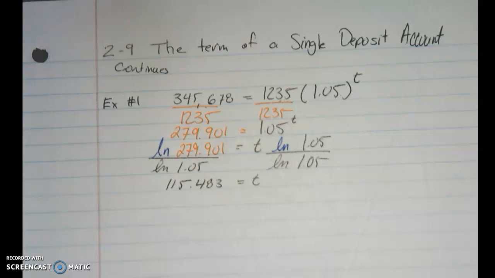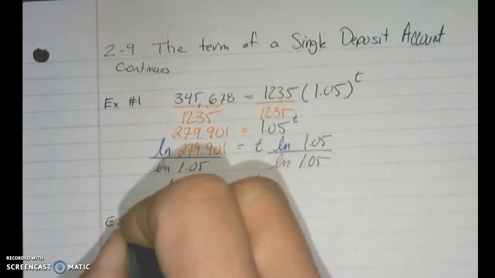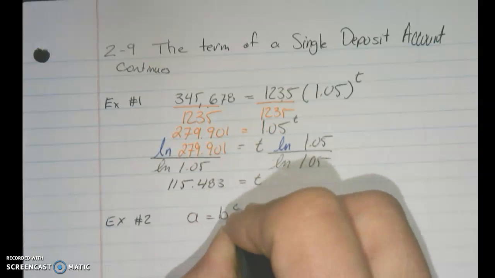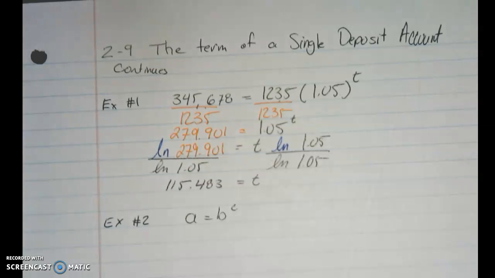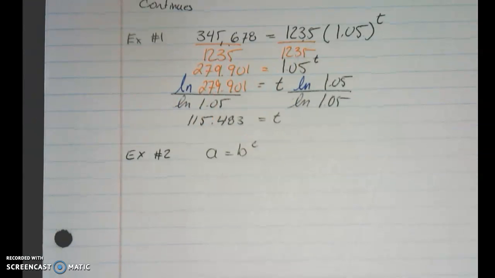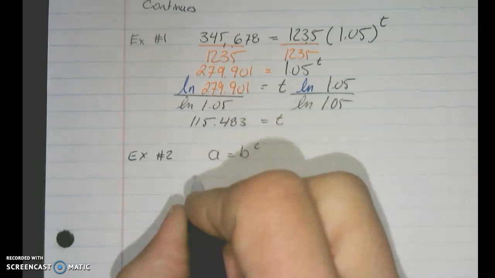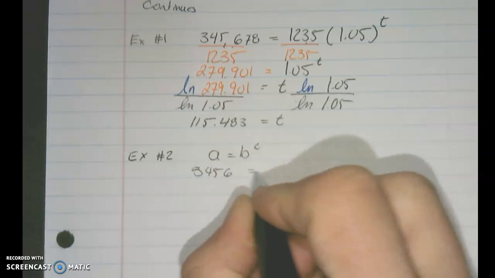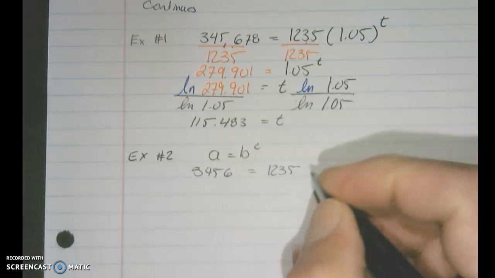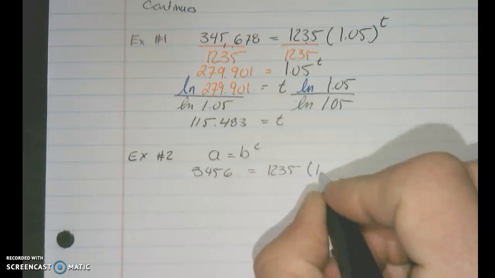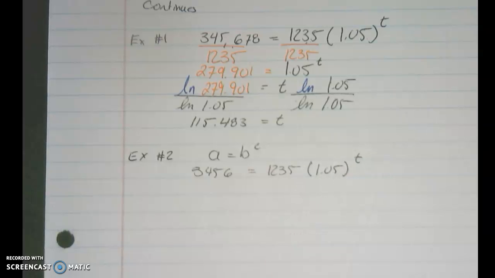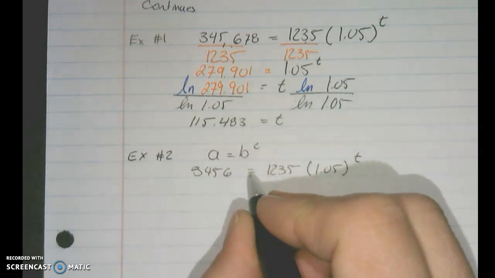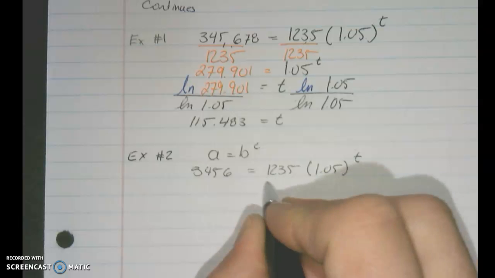Okay. So the second type of problem you need to be able to do is to convert it to look like this: A is equal to B to the power of C. Let's just do that this time. 3,456. So all we're going to do is take this equation and divide by 1235 again.